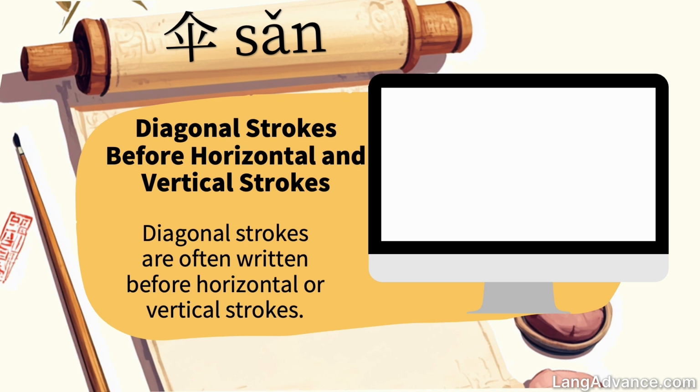The diagonal strokes before horizontal and vertical strokes. So think to yourself, your pie and na will always go before horizontal and vertical strokes. Let's look at it again.